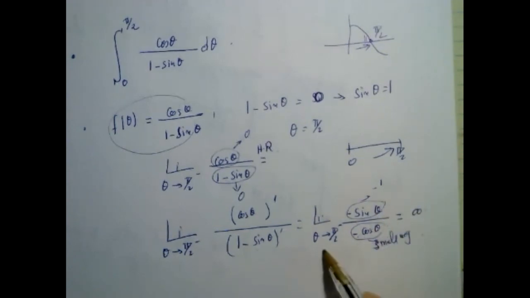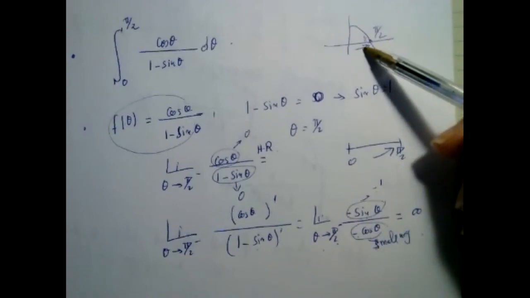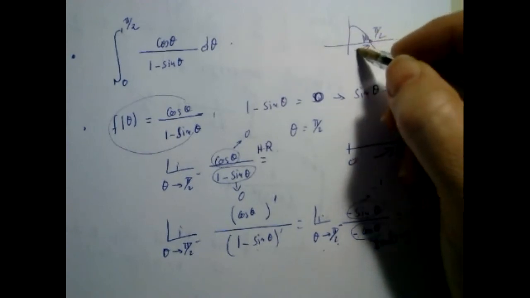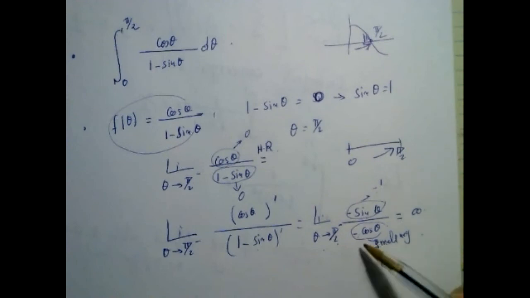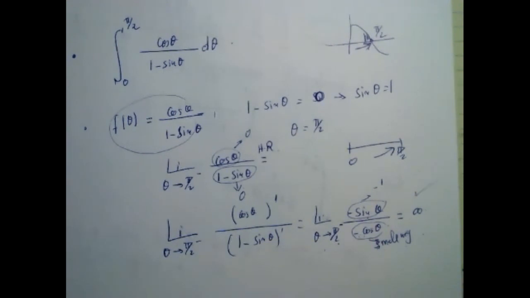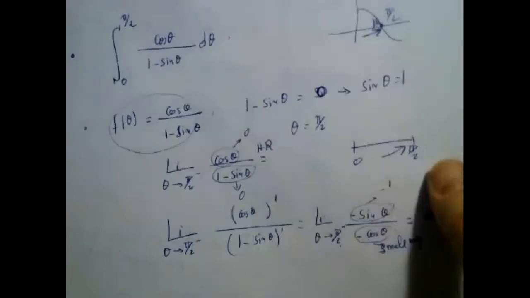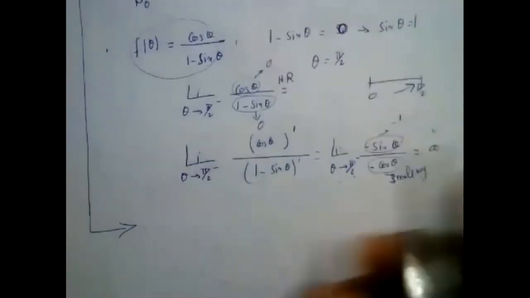When theta approaches pi over 2, the sine goes to 1, with the minus, minus 1. The cosine becomes very small but positive, because we're approaching pi over 2 from the left. Minus 1 over small positive gives small negative in the denominator's sign, so I get infinity. My function absolutely blows up. So to find the antiderivative, to study the integral, is definitely a limit problem. So now let's do that.